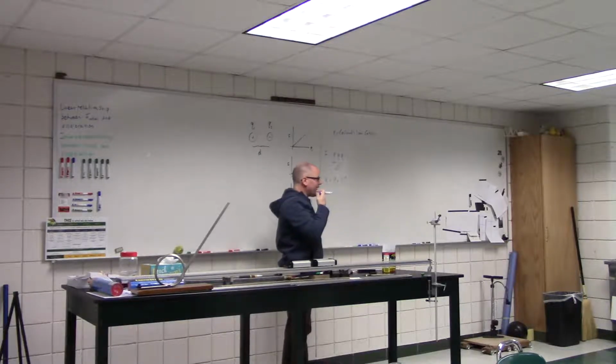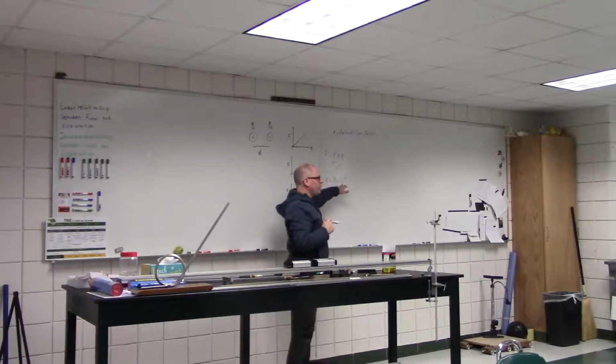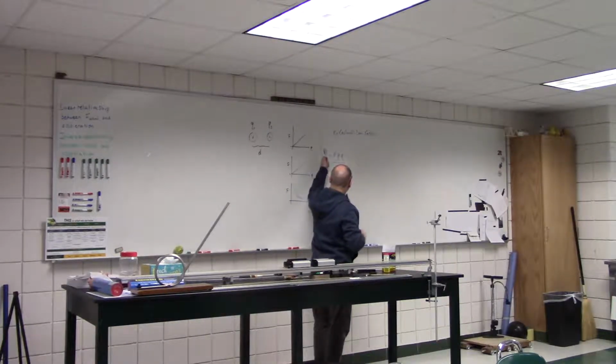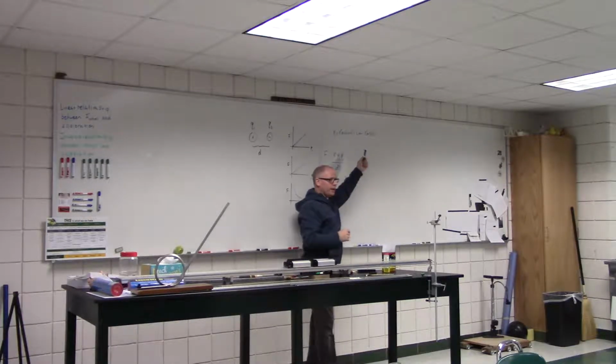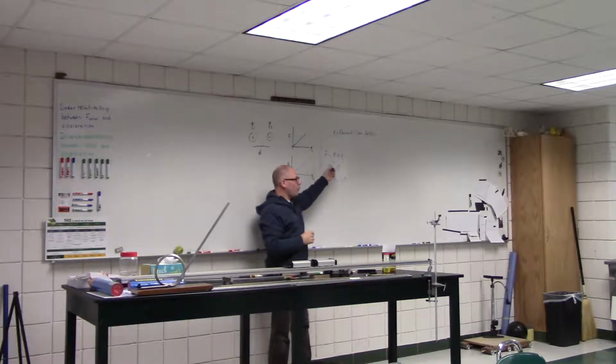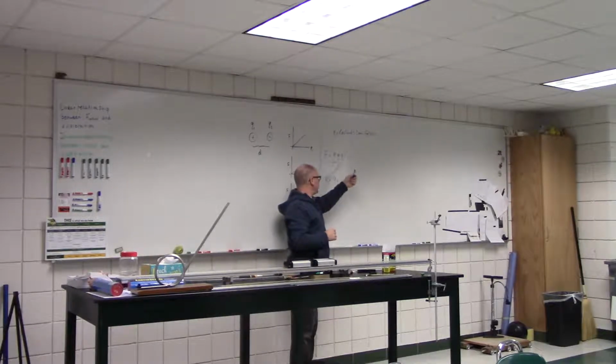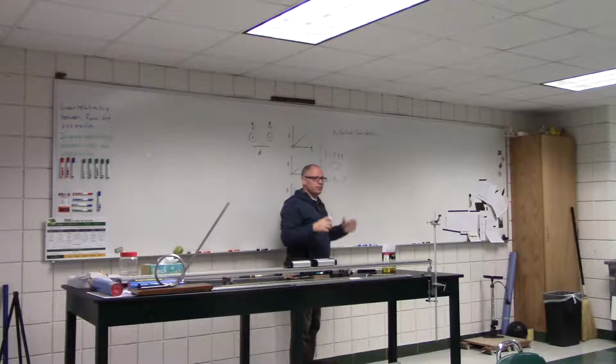And that's a really cool thing, because no matter where you go in the universe, this is always the same. So the question is, could we calculate the force between two objects if we knew the excess charge on each object and the distance between the two objects? Is that something you could do? That sounds good. That's what you guys are going to have to do.